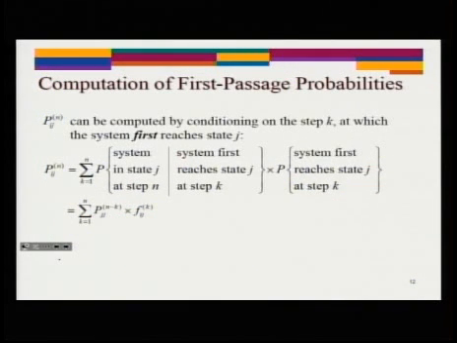Okay, and the n-step first passage probability or n-step first visit probability can be computed like this. First, n-step transition probability, which is P sub ij to the nth power, can be computed by conditioning on the step k at which the system first reaches state j.